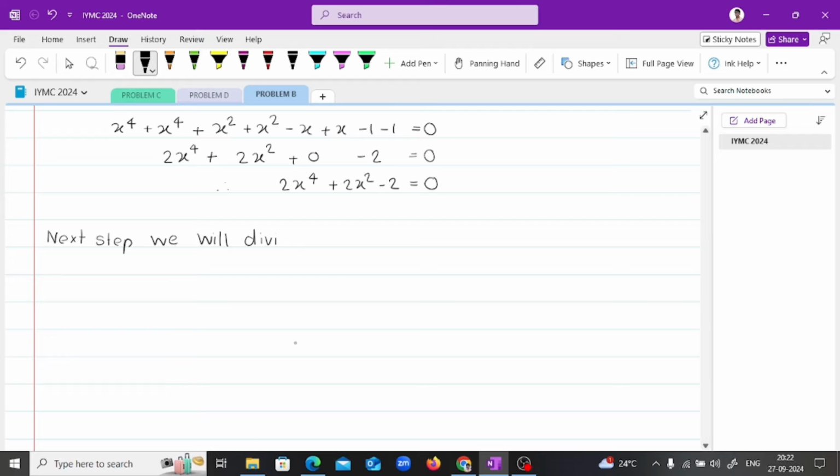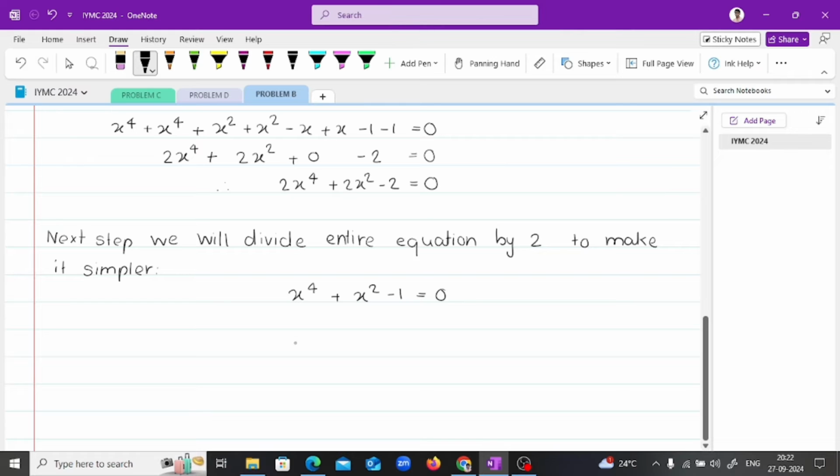So after dividing the whole equation by 2, our equation will look like x raised to 4 plus x square minus 1 is equal to 0.